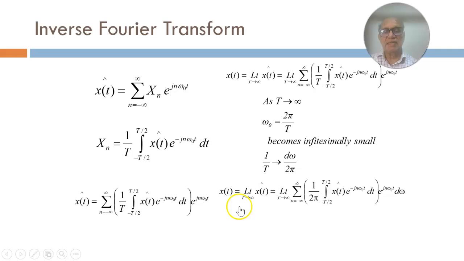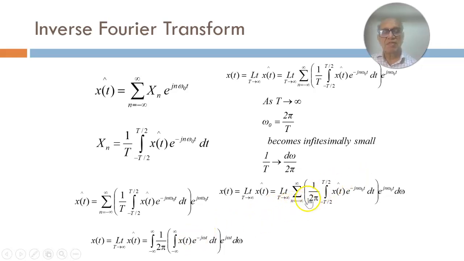So when we write it like this, xt is the limit of t approaching infinity of x hat t. Now for 1 by t we have substituted d omega by 2 pi, and this is minus t by 2 to plus t by 2. Now we put the limits, so this becomes minus infinity to plus infinity, and as t approaches infinity, this summation sign essentially becomes an integral.